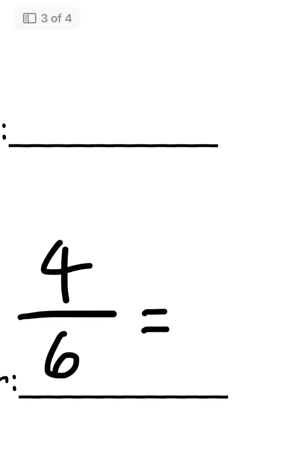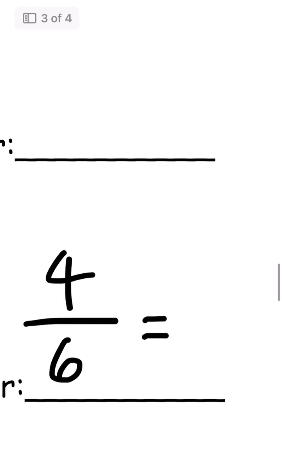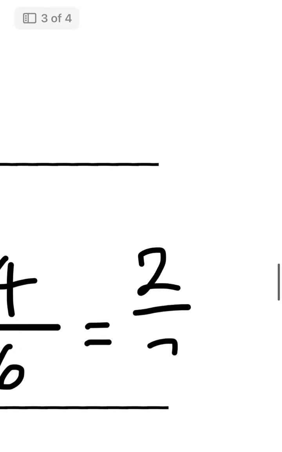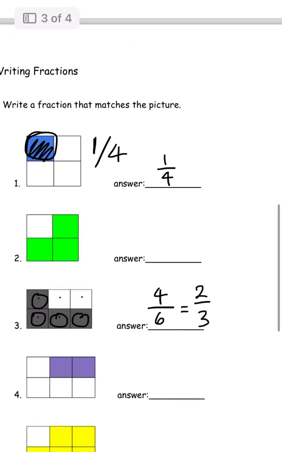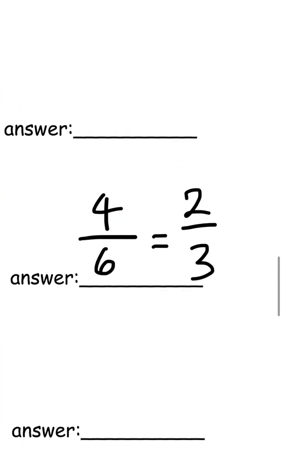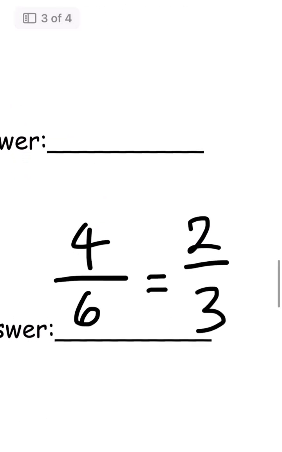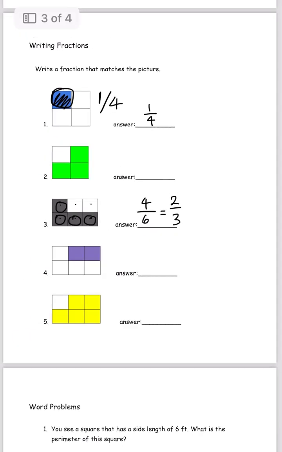And we can also simplify that because both of them can be divided by 2. So when we divide them by 2, it's going to be 2 over 3. Because 3 times 2 is 6 and 2 times 2 is 4, right? So you can write it either way for right now. Later you might have to simplify it, but right now you can write any way you want to.